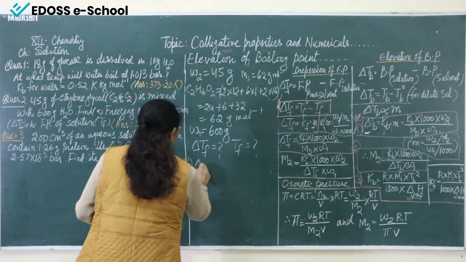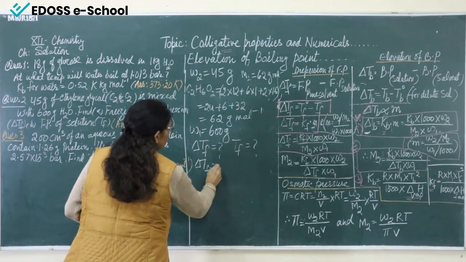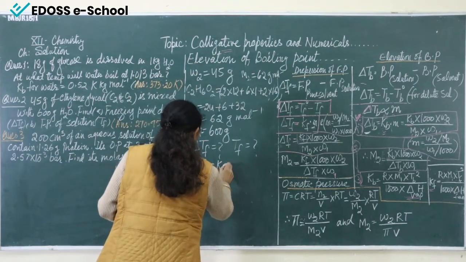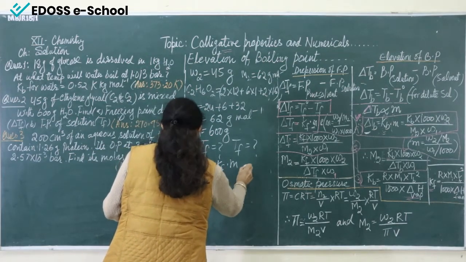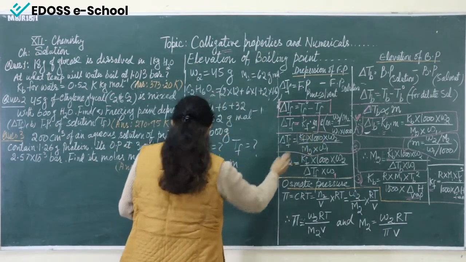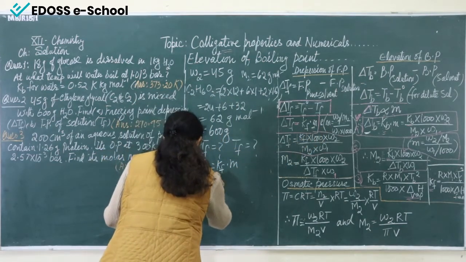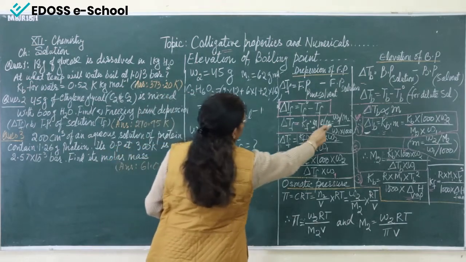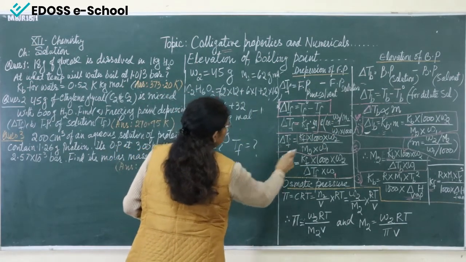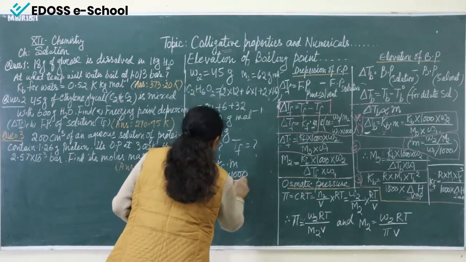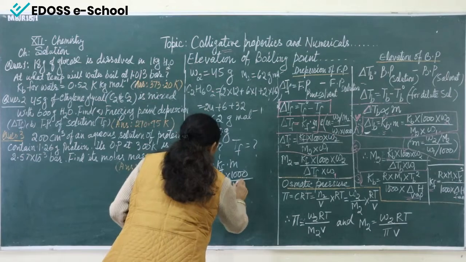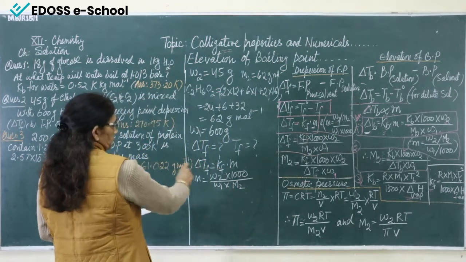Delta Tf is equal to Kf into m. So m we know, we can write m is equal to W2 into 1000 upon W1 into M2.